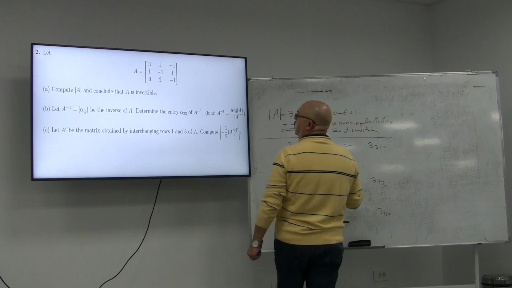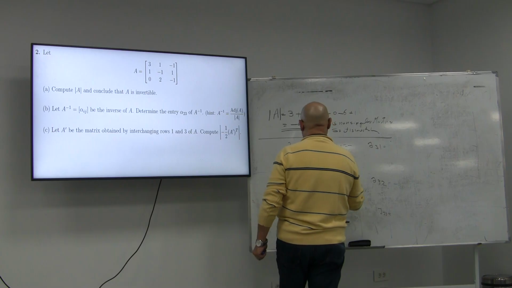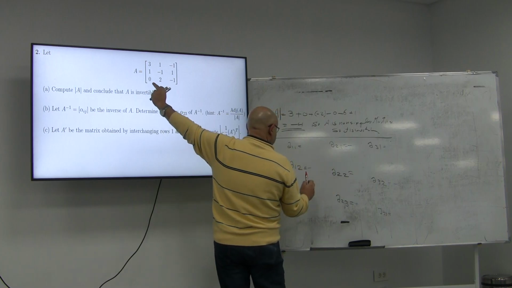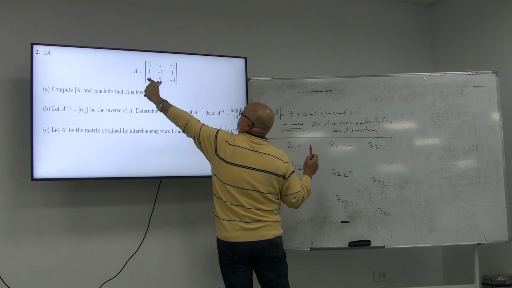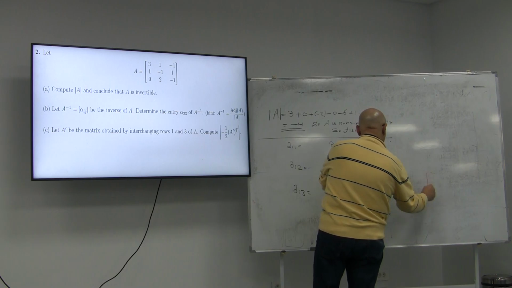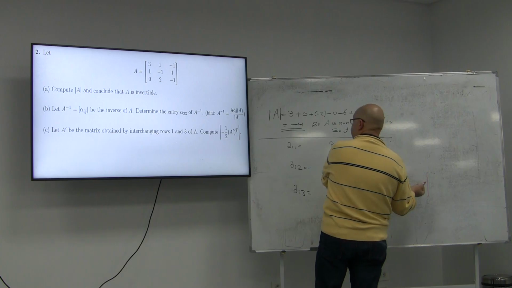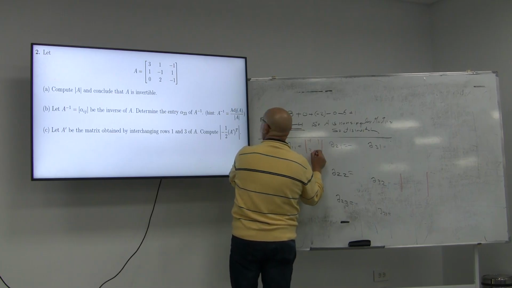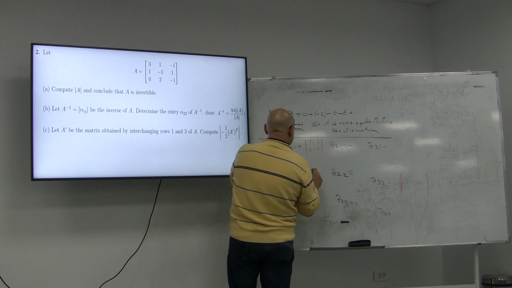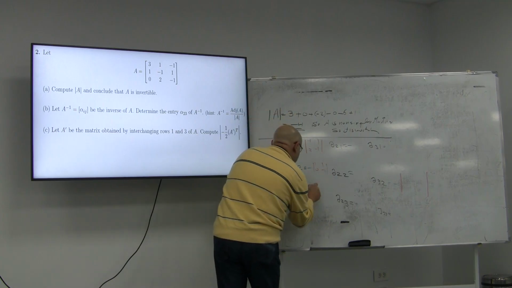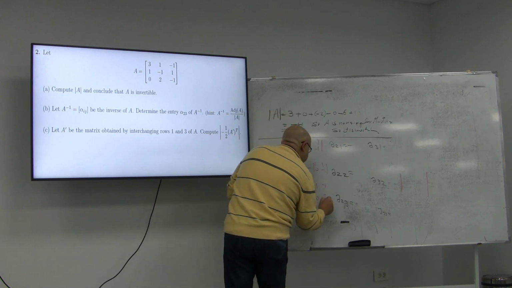Wait, I'm getting the numbers like this, are we right? A11, A12, A13, A21, A22, A23, these are my elements, and I did the transpose of them, right? Correct. Now if I want to get A32, third row second column, which is gonna be, guys, this confusion: I wrote 1 1, eliminate row and column. Element 1 1 is negative 1 1 2 and negative 1. Then 1 2 is gonna be 1 0, then 1 negative 1. Then 1 3, first row third column, which is 1 0, then negative 1 and 2.